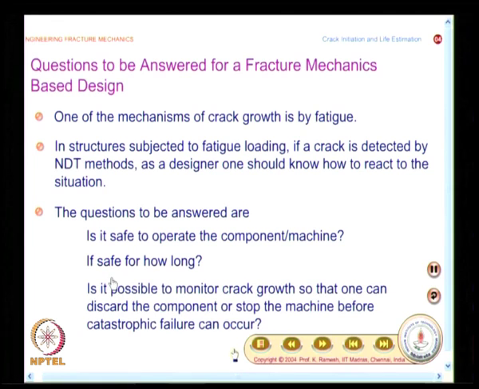If safe, for how long? Is it possible to monitor crack growth so that one can discard the component or stop the machine before catastrophic failure can occur?